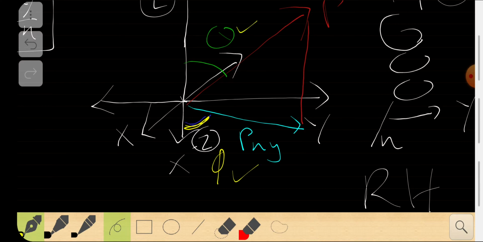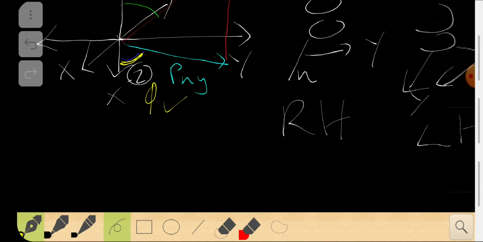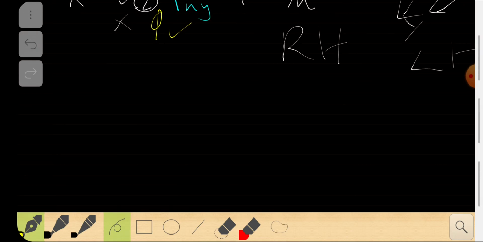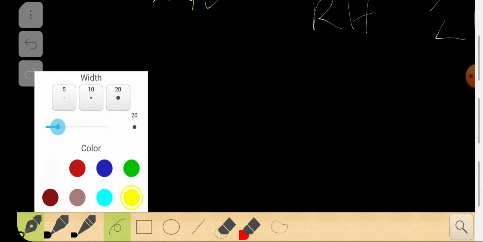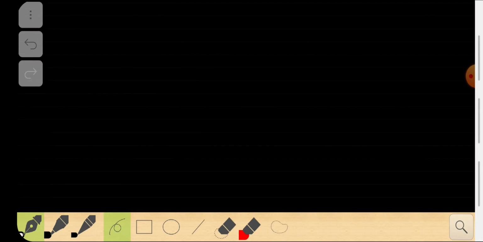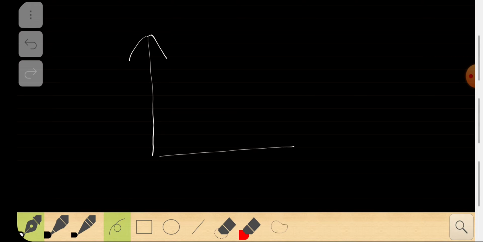Now in the three-dimensional Cartesian system, I'm going to redraw that. This is the system. When you make an intercept like this, this is our intercept here, and this was the actual vector.